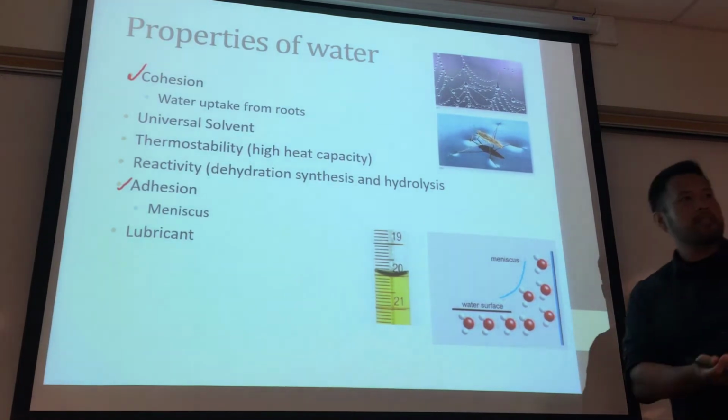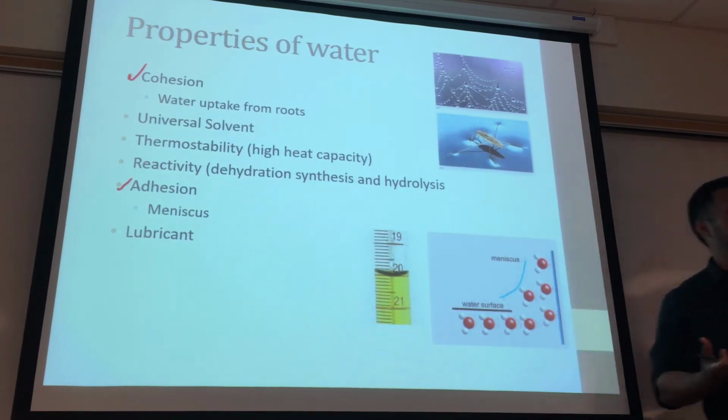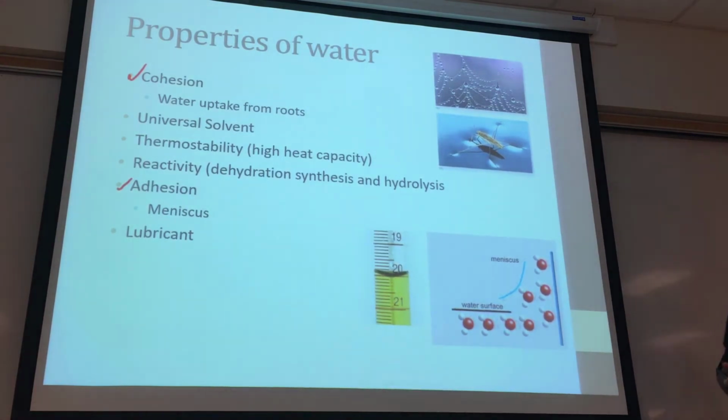So in that case, tape would stick to something. In this case, what I'm talking about is water sticking to stuff. So water has that property of this stickiness, and that's related to the hydrogen bonding. So you'll see that since water sticks together, here you can see a water strider.